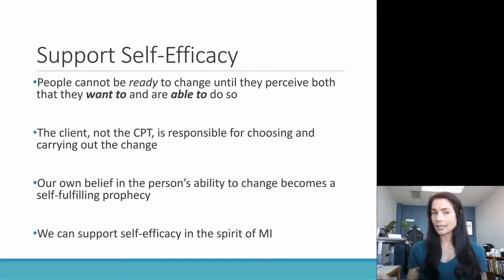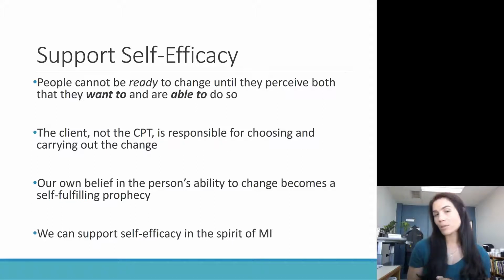The client, not the CPT or coach, is responsible for choosing and carrying out the change. What normally happens is that the CPT or the coach chooses the change and the client carries it out. What's different in MI is that the CPT is not responsible for choosing or carrying out the change.